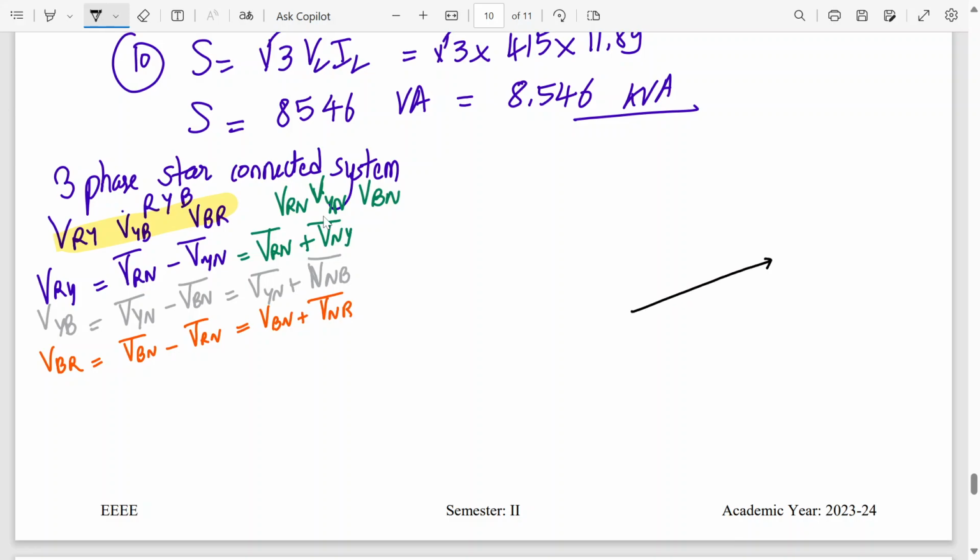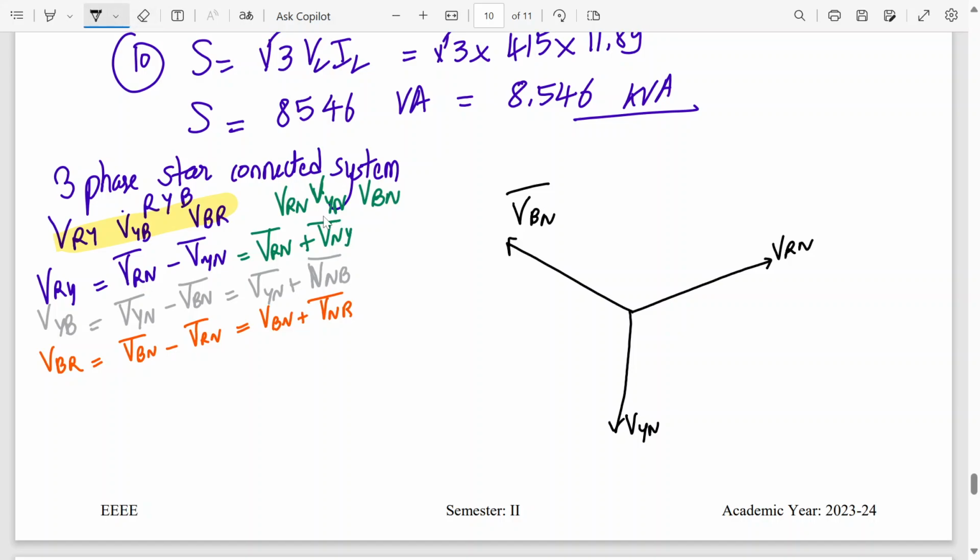First I drew VRN. Leaving 120 degree, I have to draw VYN. Then again leaving 120 degree, I'll draw VBN. Same magnitude but differing from each other by 120 degree.